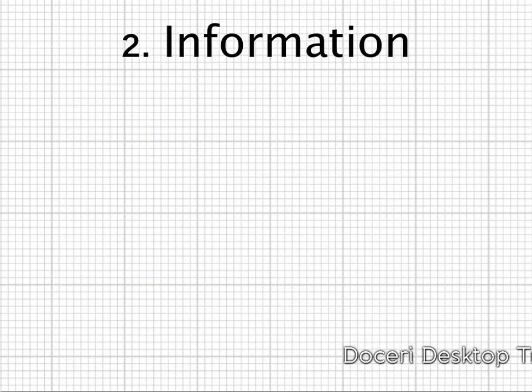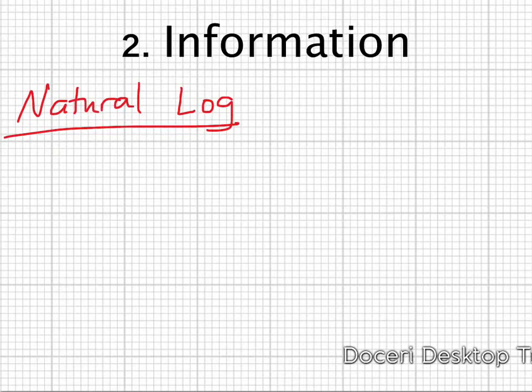Now, the next thing that we talked about in this section was the natural log. And the natural log is the counterpart to the natural exponent, or the natural base, e. So our stipulation here is x has to be greater than 0.